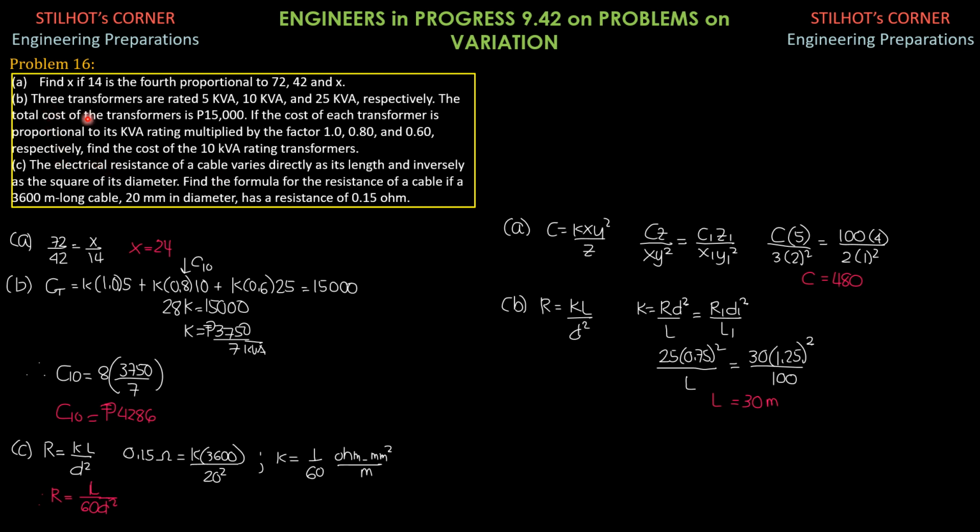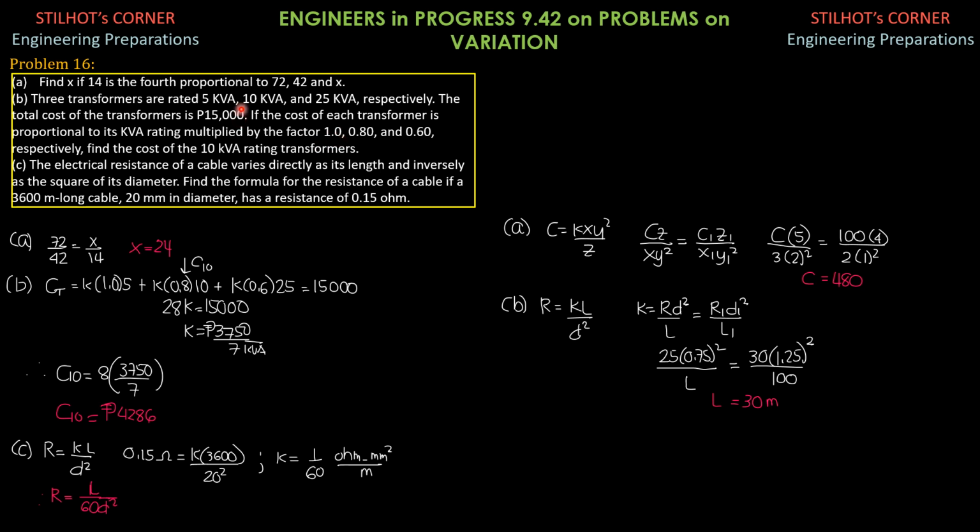So the total cost of three transformers rated 5, 10, and 25 kVA respectively is 15,000 pesos. It is mentioned here that the cost of a specific transformer is proportional to its kVA rating, so there is a constant of proportionality, K, multiplied by this factor.